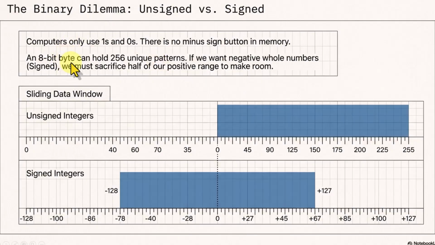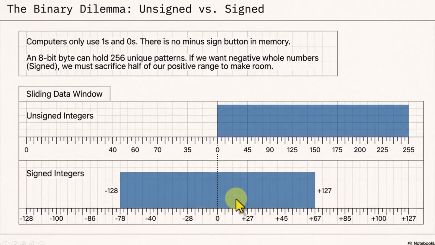An 8-bit byte can hold 256 unique patterns. If we want to store only positive or unsigned integers, that will be 0 up to 255, which makes 256 different numbers. But with signed integers, we shift the range from negative 128 up to positive 127.